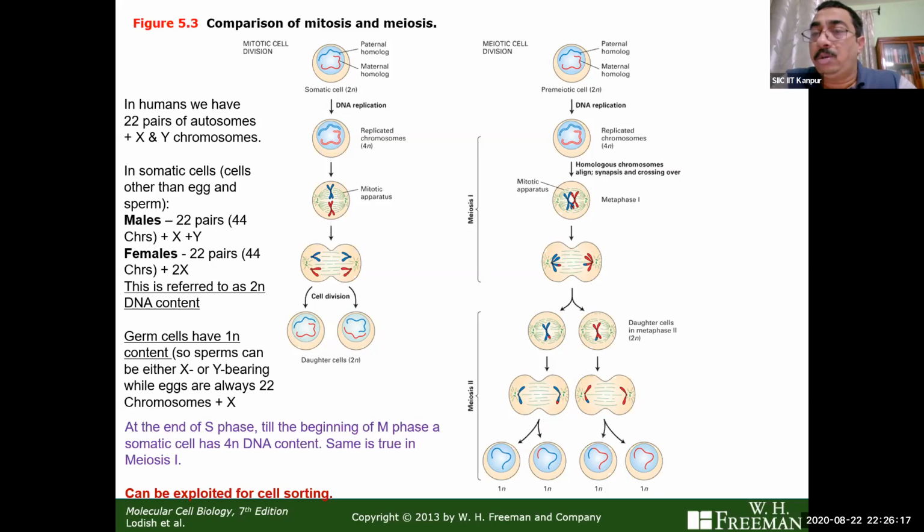And if it is true, let's assume that is true, then the explanation lies in here, that during meiosis, exchange of genetic material happens between homologous chromosomes.